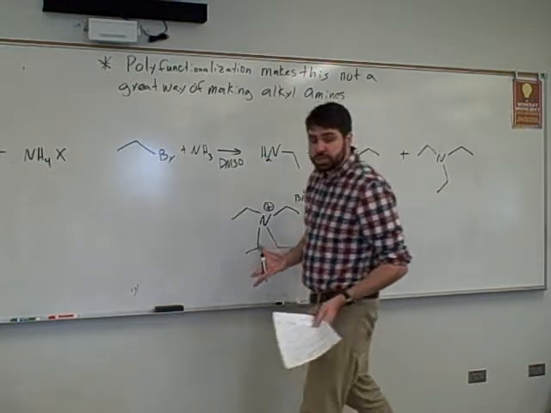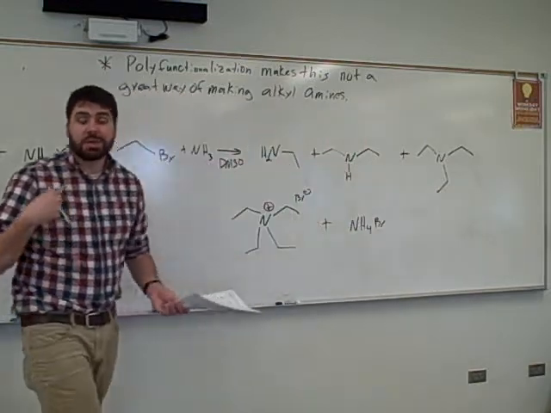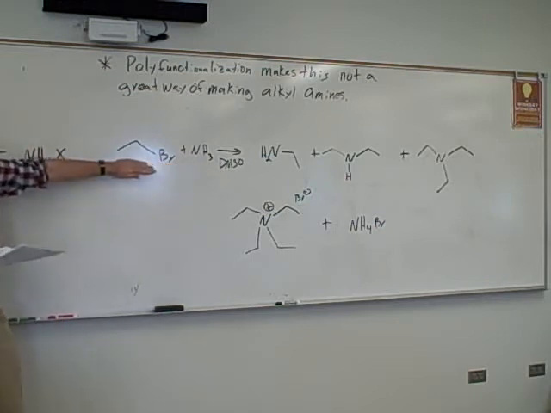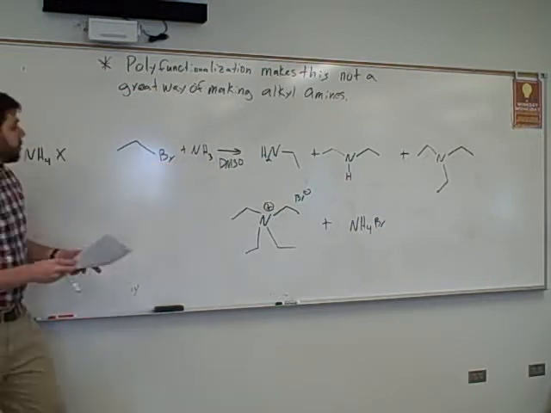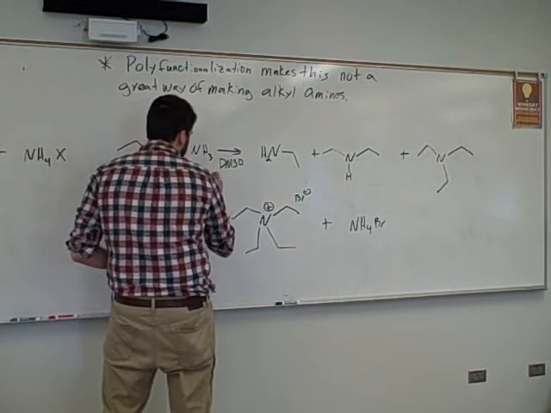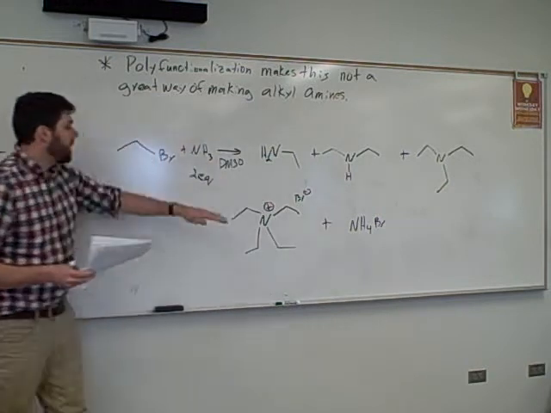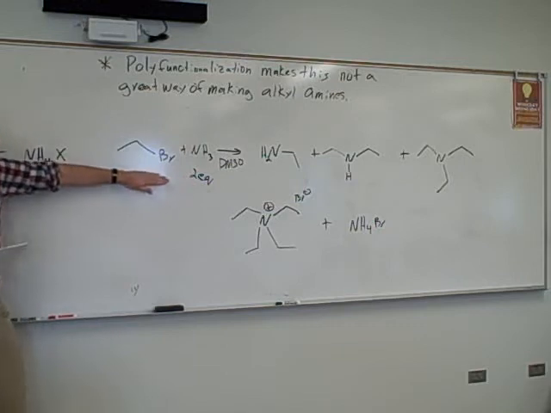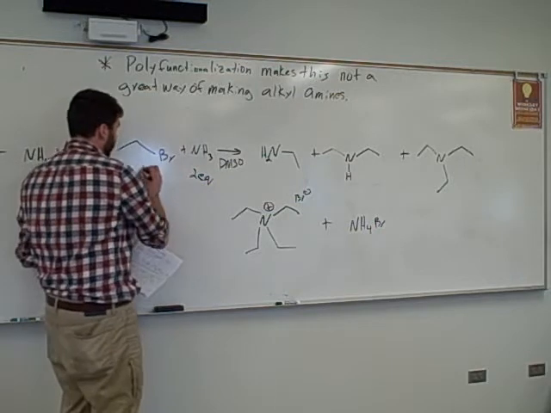And so the distribution of these products is really going to wind up being related to how much ammonia we have to how much alkyl bromide. And in this case, what we've seen is there are actually 2 equivalents of our amine here relative to the alkyl bromide, which will only be 1.